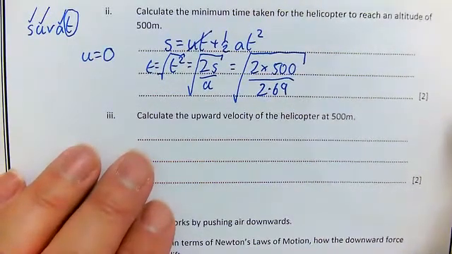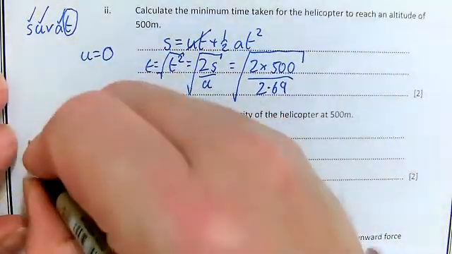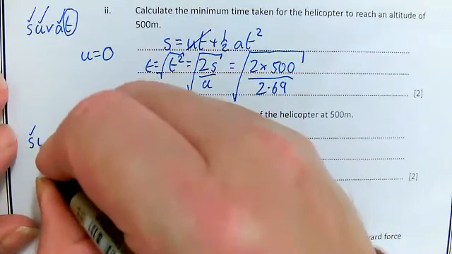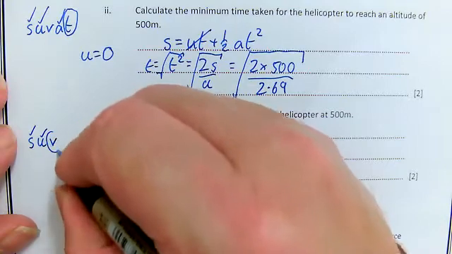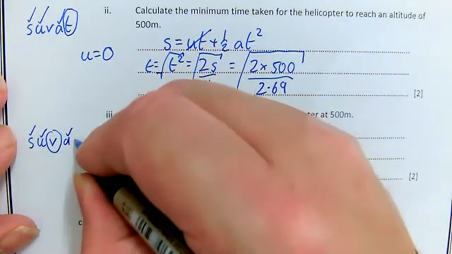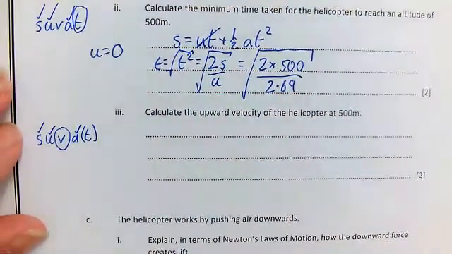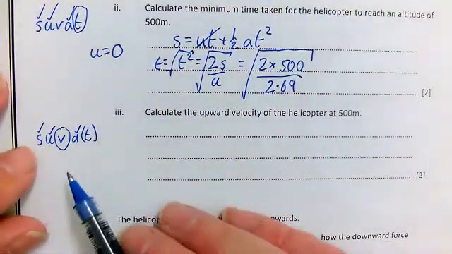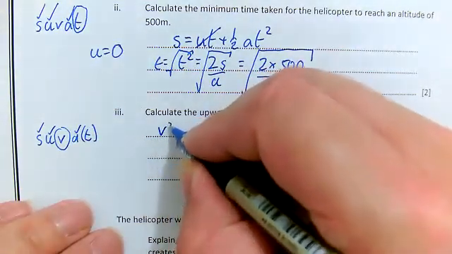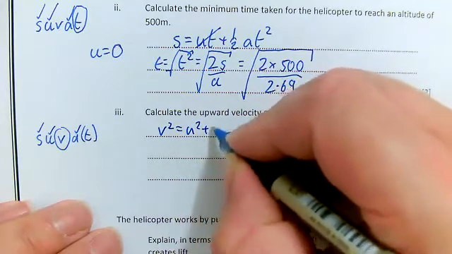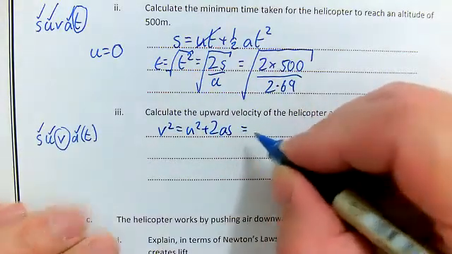So calculate the upward velocity of the helicopter at 500 meters. Well, you can use all the different equations. We know S, we know U, we don't know V, want to work out V, and we know A, and we kind of know T, but we'll try to avoid it if we possibly can. If we ignore T, we end up with V squared equals U squared plus 2AS. So I want to work out what V squared is, so I don't have to rearrange this.